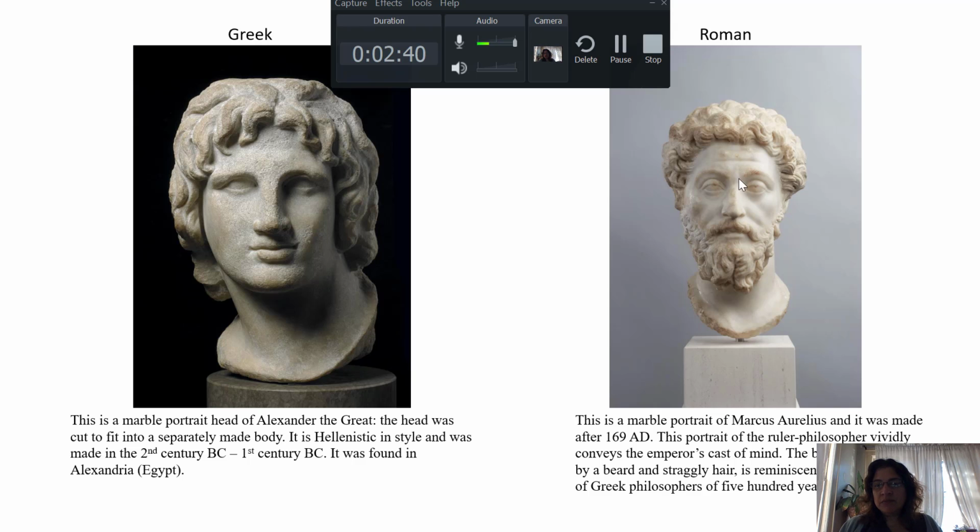This one is much smoother looking than this one, so this has a rougher kind of texture to it. And they're white, but they also both have kind of this brownish, pinkish hue in some places. And of course, when they were painted, they would have had painted eyeballs and pupils and eyebrows and everything. They were both great leaders that were in power at one point in their individual empires.